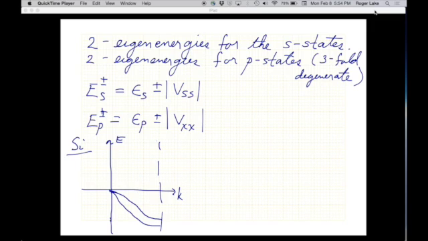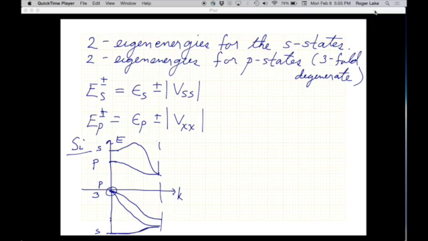Way down here, you're going to have the bonding s orbital, and there's really 3 states right here. One line is on top of another. Up here, you've got your conduction bands, like something like this. Your lowest conduction bands. This is the s antibonding orbital up here. This is a p antibonding orbital, and down here you have your p bonding orbitals, and here your s bonding orbital.